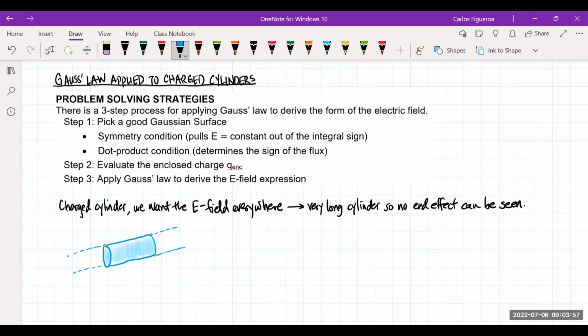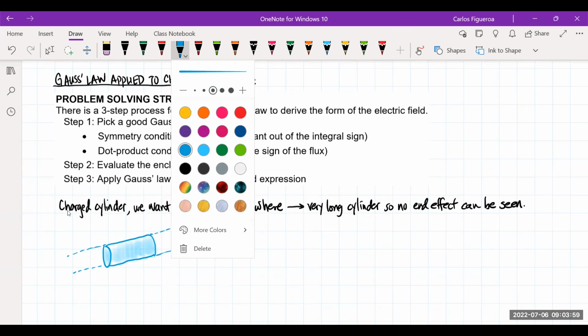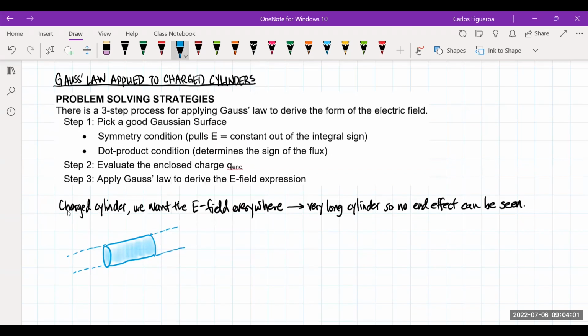And when I look at this, you've got to be careful here. I do see charge on the cylinder, right? Here's charge. Now, there's also charge at the end, right?